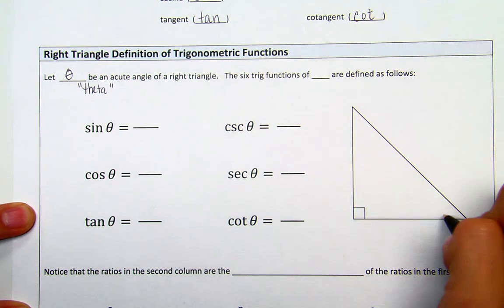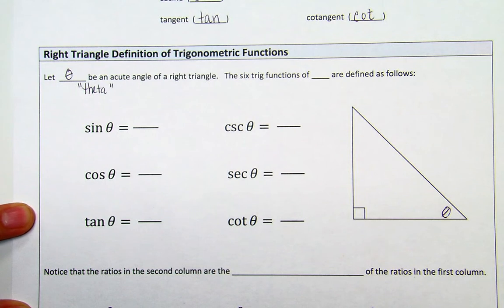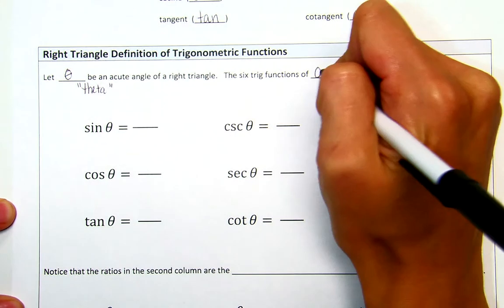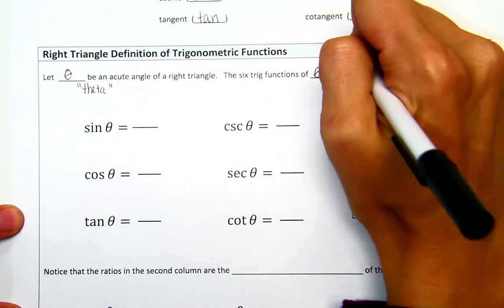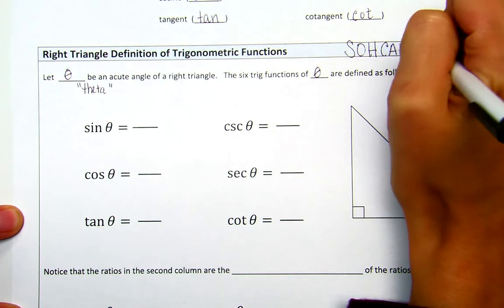And we're going to call that theta the angle in our bottom right corner of our right triangle on our paper. The 6 trig functions of theta are defined as follows. And I think you guys kind of remember back from geometry, this little word is called SOHCAHTOA.